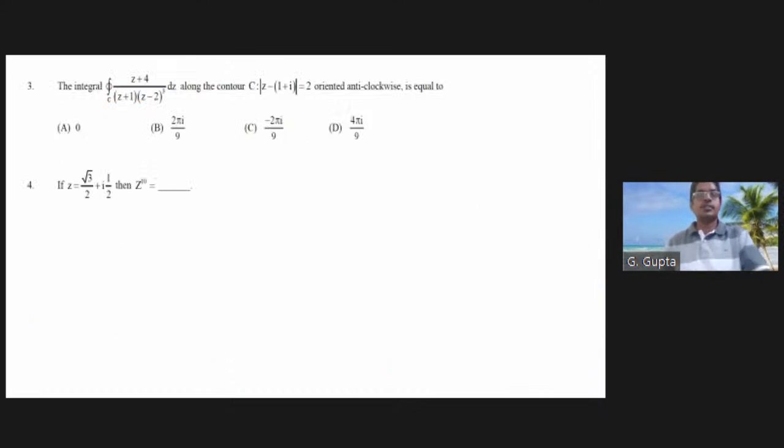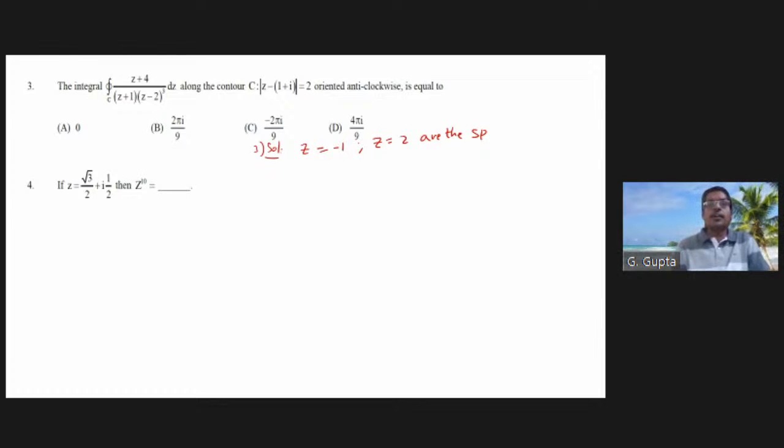So this is the third example. According to complex integration, the Cauchy integral theorem and Cauchy integral formula, let us check. The denominator equal to 0 gives z is equal to -1 and z is equal to 2, which are the singular points. It is not easy by converting into Cartesian coordinates, z is equal to x plus iy, and integrating.